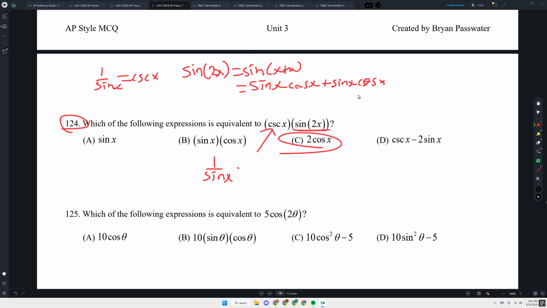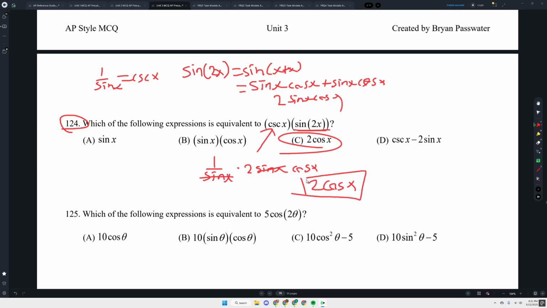Now you can see there are 2 of them, so there's 2 sine x cosine x. Now we put that over here: 2 sine x cosine x. These cancel out, leaving 2 cosine x.